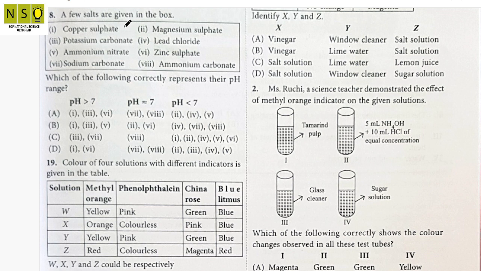So this copper sulfate and magnesium sulfate and lead chloride and zinc sulfate and ammonium nitrate, they are from strong acid and weak base, that is, they have pH level less than 7.